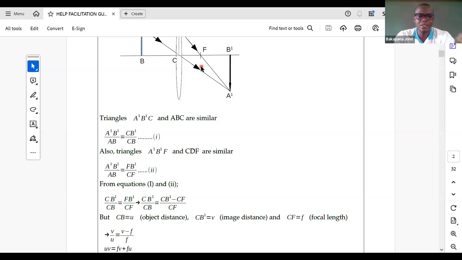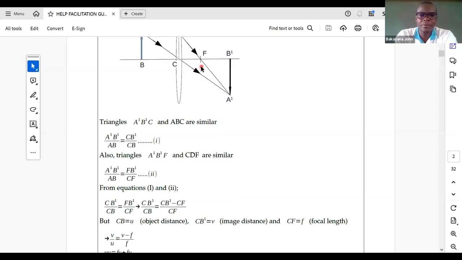So can we relate? CB prime was the image distance from the lens to where the image is, and CB was the object distance from the lens up to where the object is. Then that is equal to CB prime, our image distance, minus the CF.